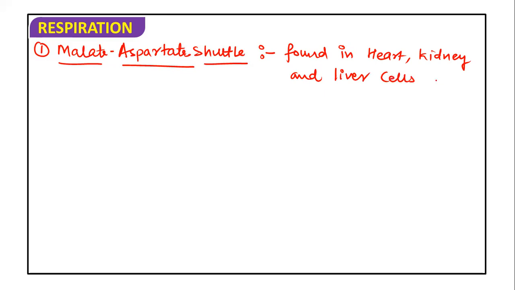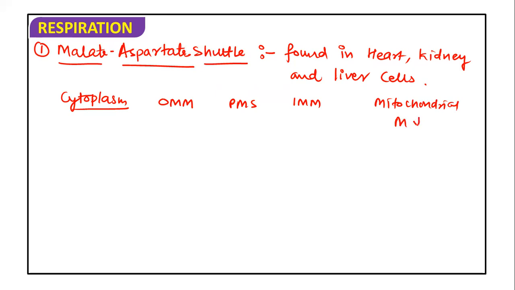Now, how are these functional? Suppose this is the cytoplasm. The NADH2 obviously gets formed in the cytoplasm during glycolysis. Then it encounters the outer mitochondrial membrane, then the perimitochondrial space, the inner mitochondrial membrane, and the next one is the mitochondrial matrix.